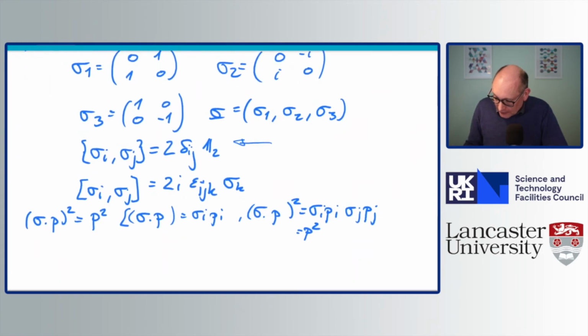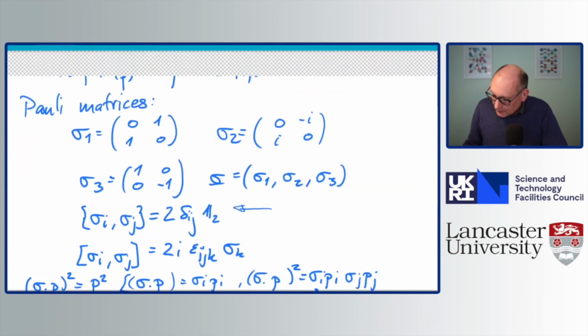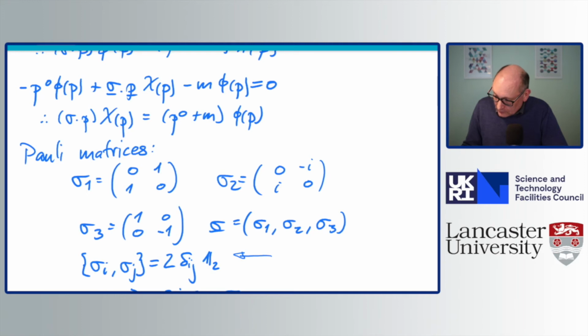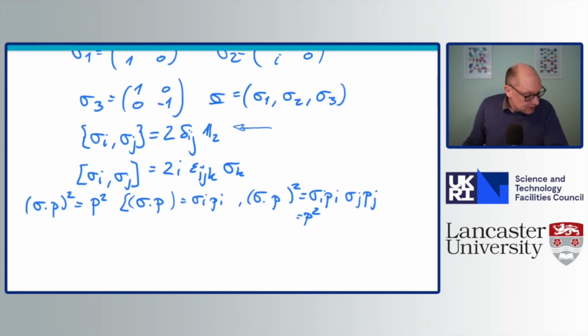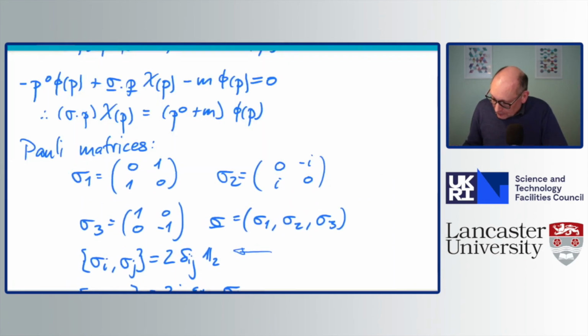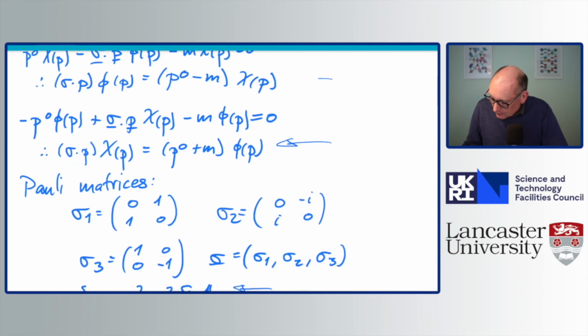So if we use that, we can find the allowed values for p naught, because we simply let sigma dot p act on these equations we've arrived at.